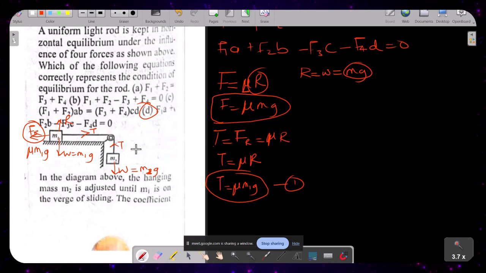But coming to this place, what are we going to have now? We're going to have it that your W is equal to weight. The weight of your body is going to be what now? It's equal to your tension plus what again? The weight of this body.